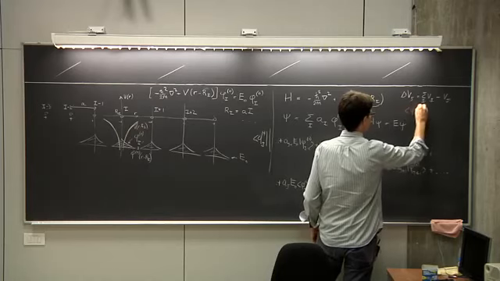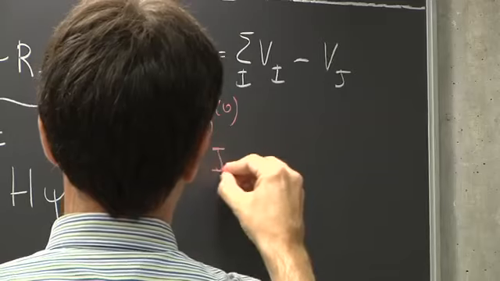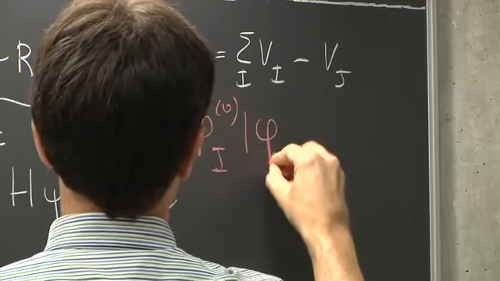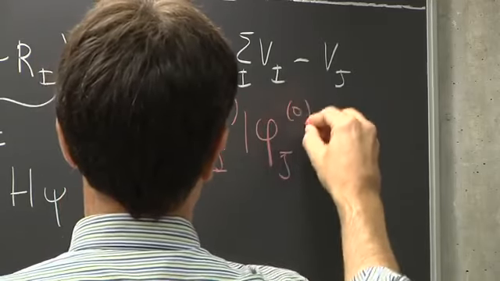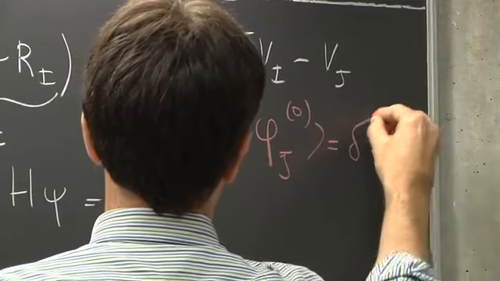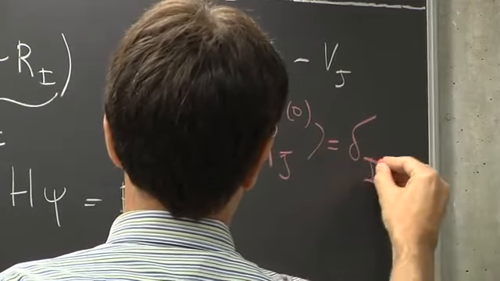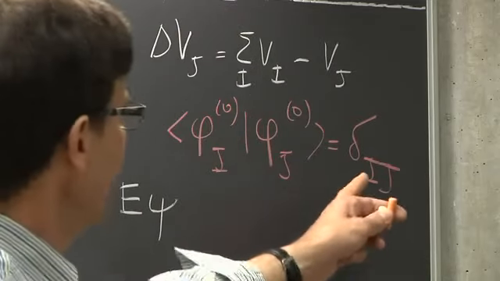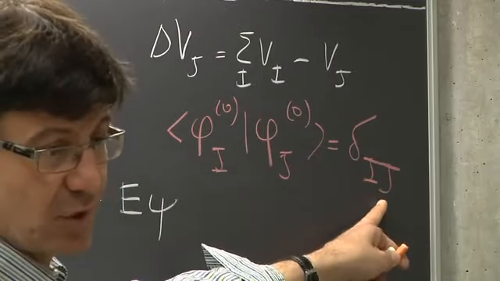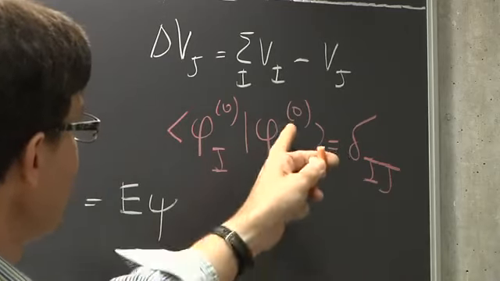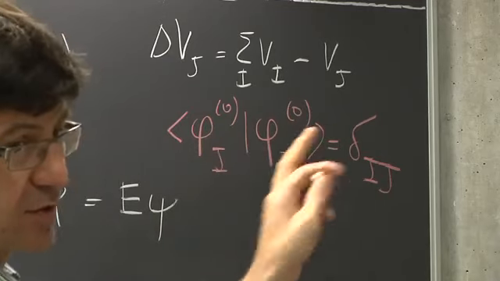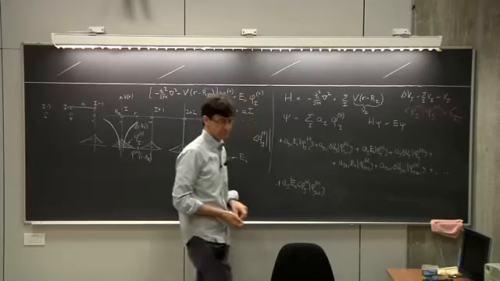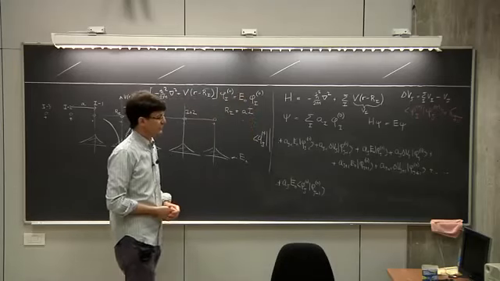So any I, j is different than 0 only if I is equal to j. But of course, if I is equal to j, it's the same wave function, and so it's 1. Okay?